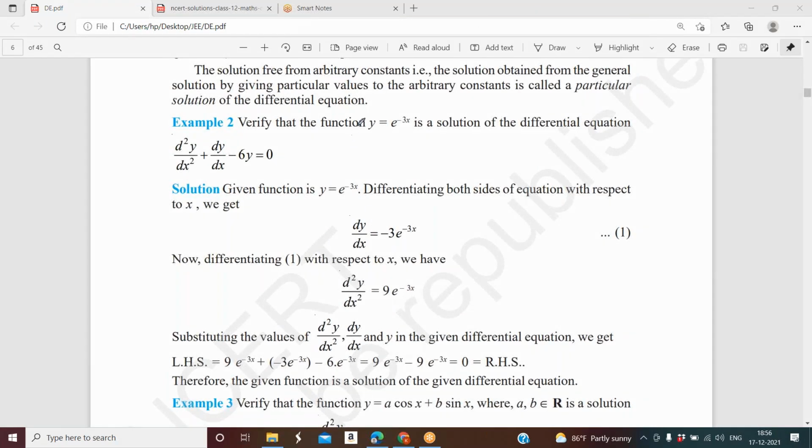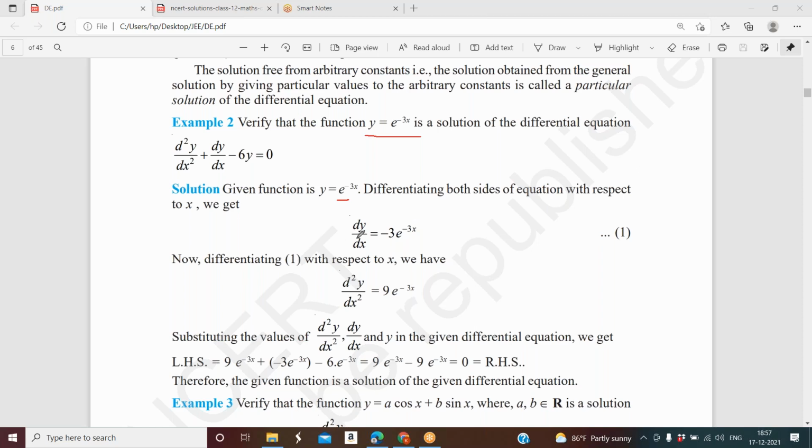This is the given function. I'm finding dy by dx and d square y by dx square, because these terms are given in the equation. First, dy by dx: differentiating y with respect to x on the left gives dy by dx. On the right, differentiating the exponential function gives the same function, e power minus 3x, times the constant, minus 3.